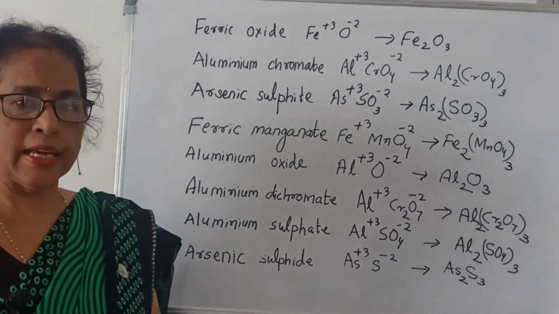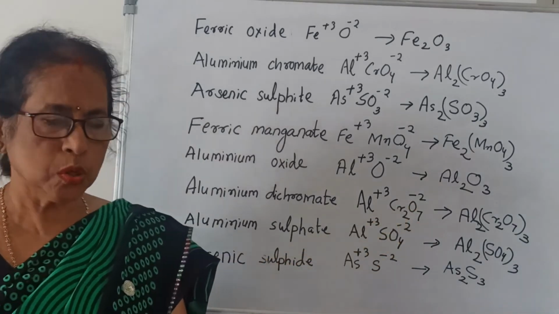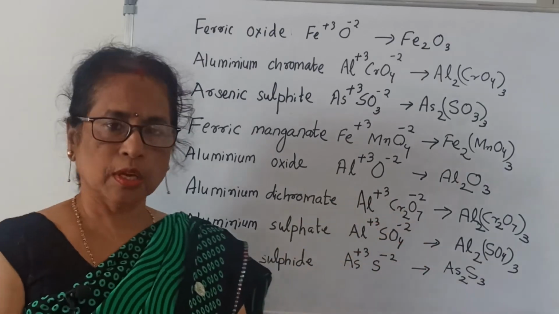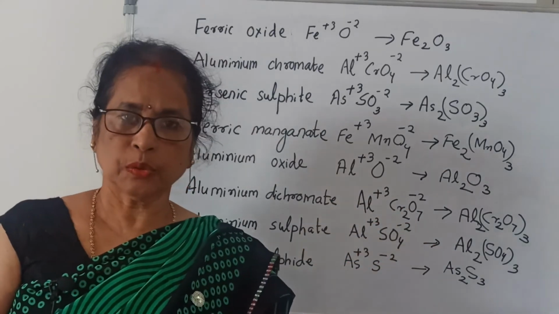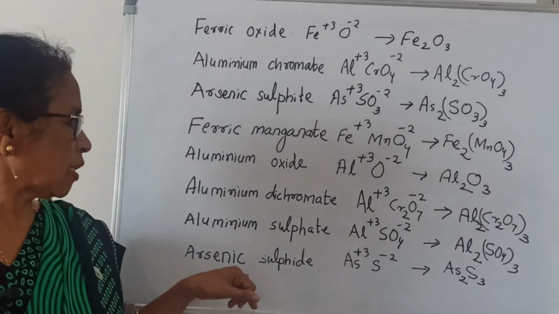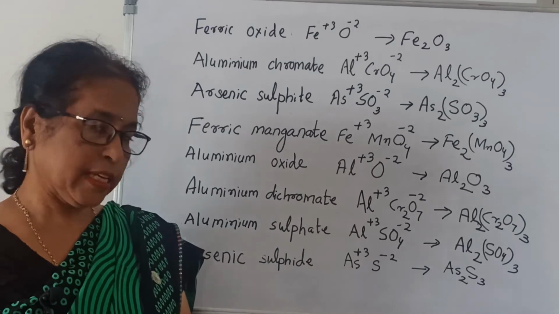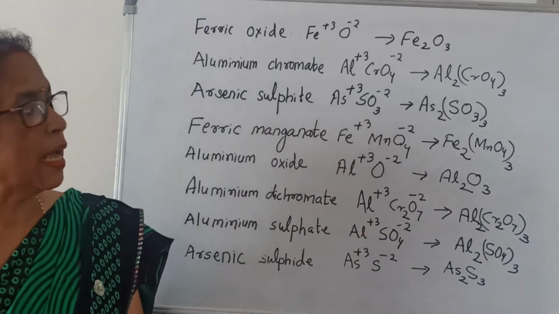Aluminium sulfate: Al plus 3, SO4 minus 2. So 2 will come to aluminium and 3 will come to sulfate. So the formula is Al2(SO4)3. Arsenic sulfide means As plus 3, S minus 2, it becomes As2S3.